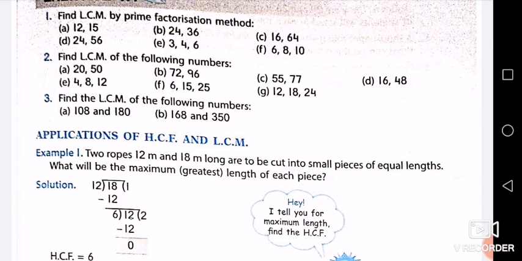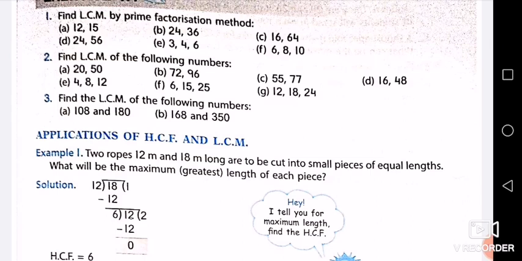So children, if it is given in the question to find the LCM by prime factorization method, then you are supposed to use that method. Otherwise, if it is not given, you can use the prime factorization method, or you can find the LCM using the division method also.